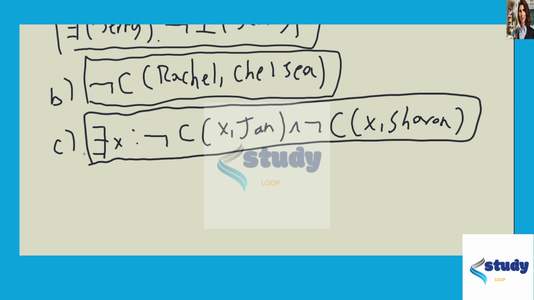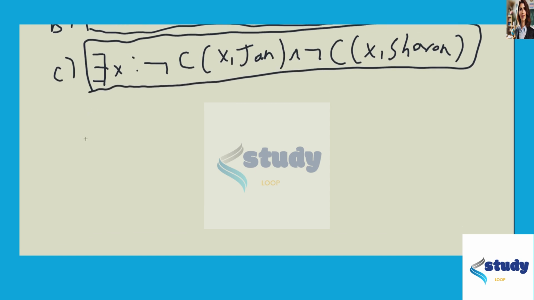Then for part D, we consider the statement now, no one in the class has chatted with Bob. So here we replace y with Bob, and we do for all x.